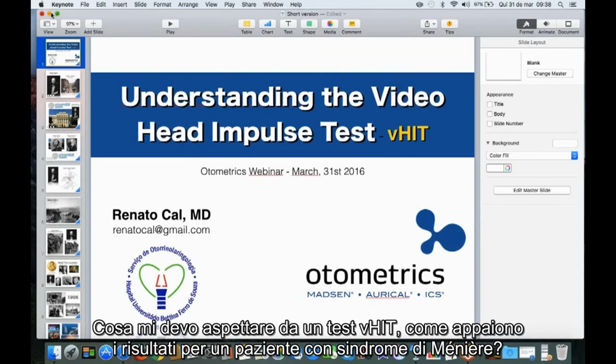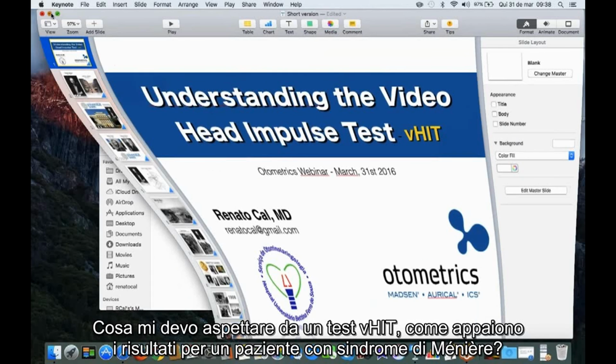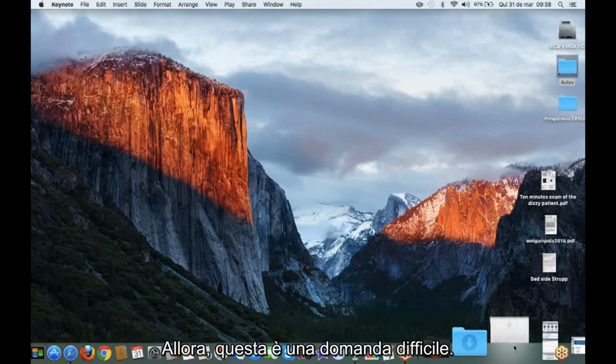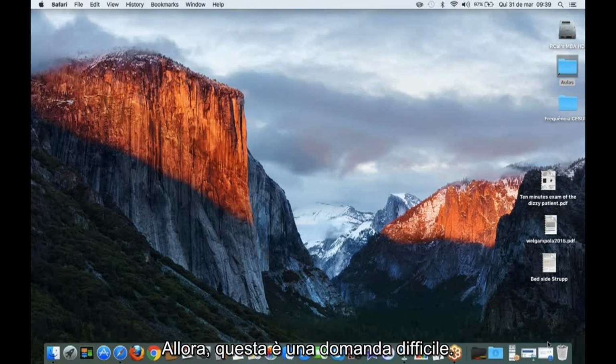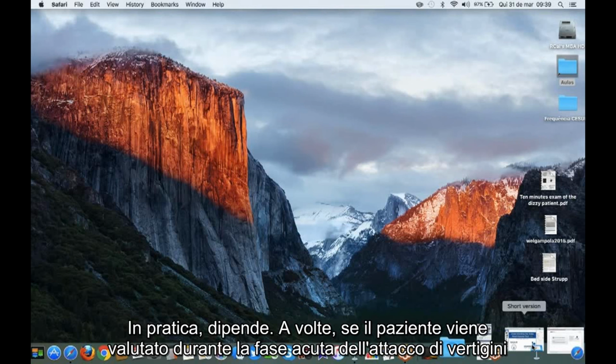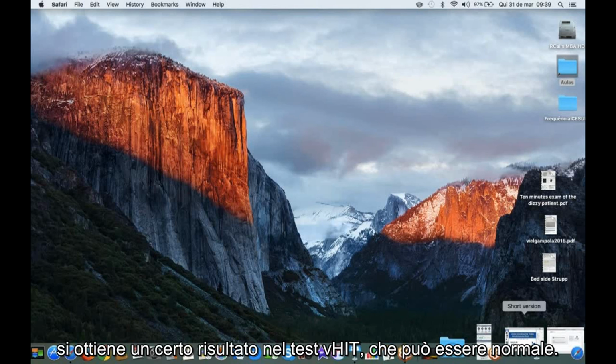What can I expect of the vHIT, how would the results look in a Meniere disease patient? This is a very tricky question, because Meniere disease, by definition, is a very variable disease, which means it depends. Sometimes if you evaluate the patient in the acute phase of a vertigo attack, you can have a normal vHIT.